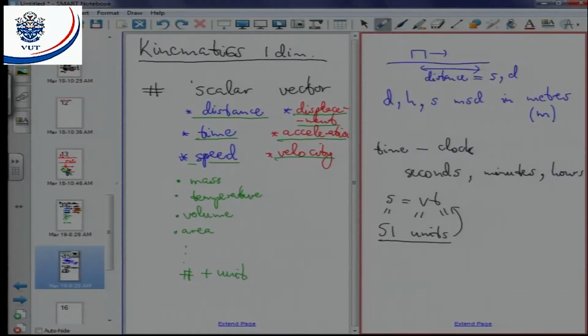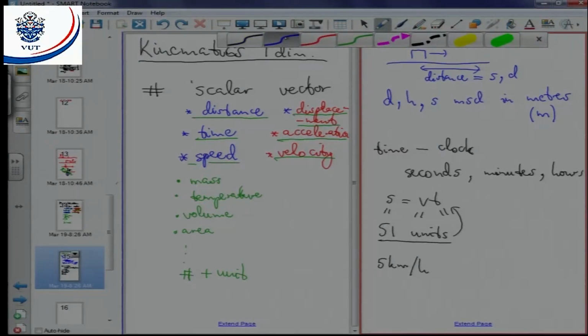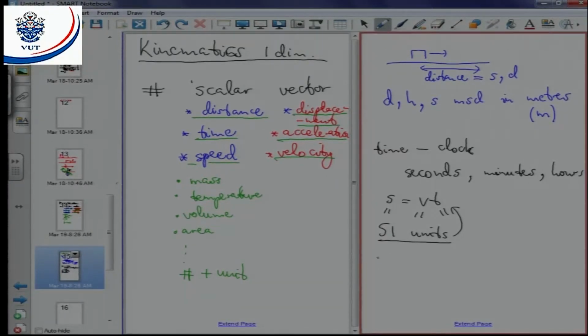So for example, say a car is moving at 5 kilometers per hour, and okay, 5 is a bad number. Let's choose a clever number. So let's say we have 3.6 kilometers per hour, and the car travels for say 2 seconds. Okay, and we want to know what distance it covers.